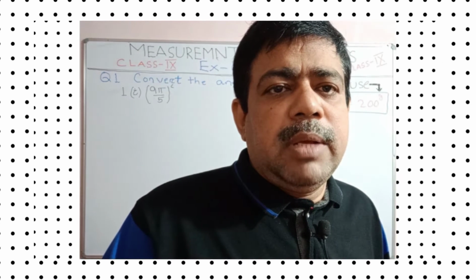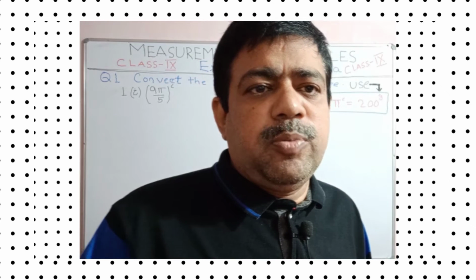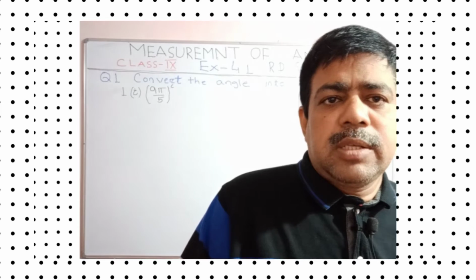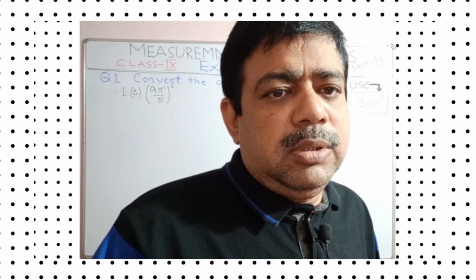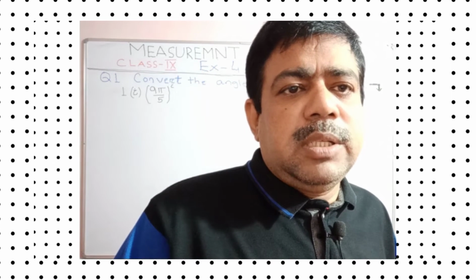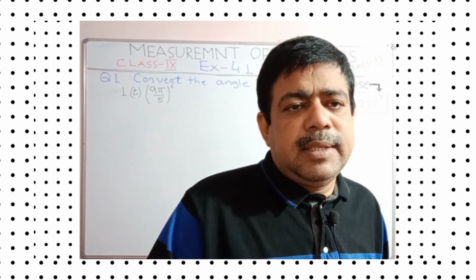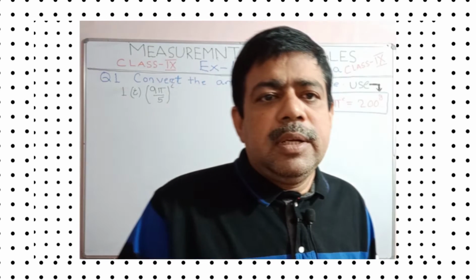And in this concept I am discussing the measurement of angles, the problems based on measurement of angles from your Addis-Sama book, exercise 4.1. Okay, so let's start. All of you know, in the previous class we had already discussed the relationship between the different systems of measurement of angles.